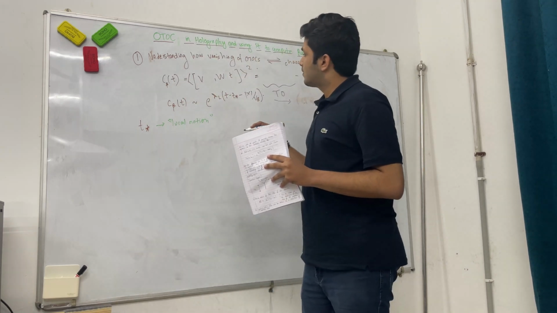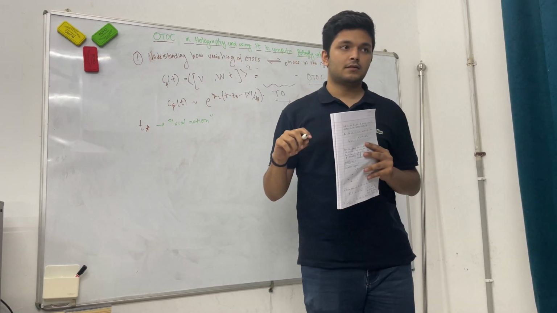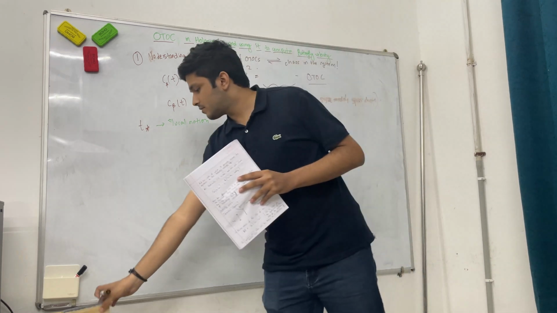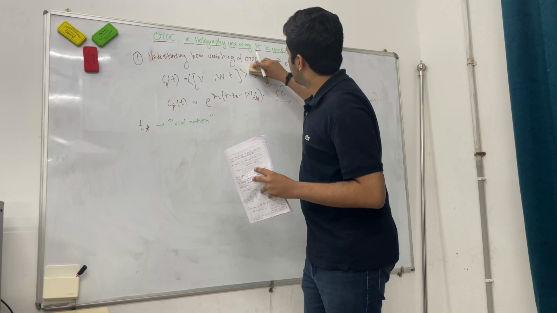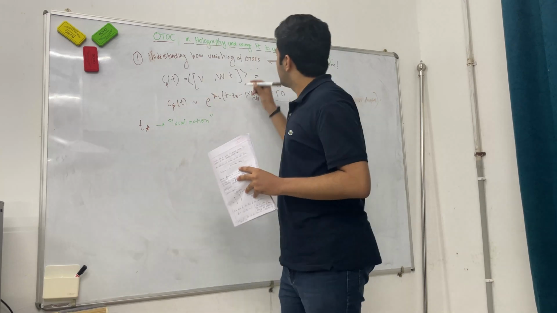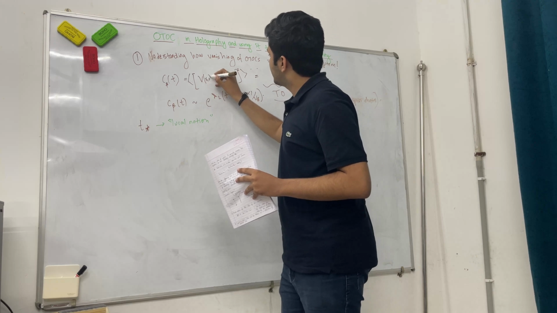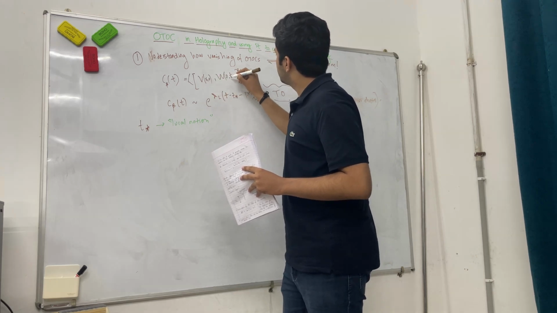Commutators, expectation of commutator square. Square will be inside, and this is V of x comma 0, and this is W of 0 comma t.